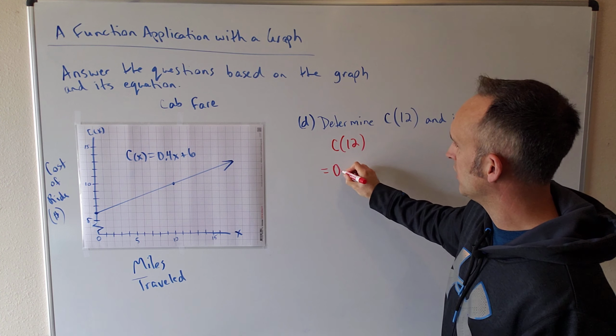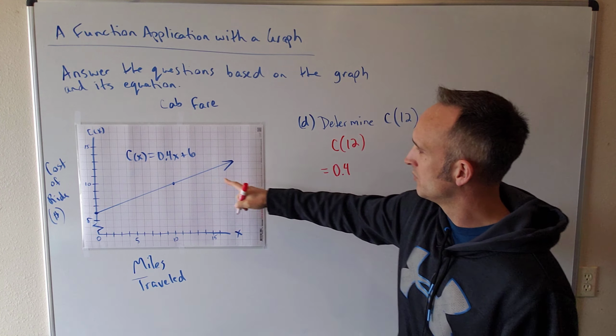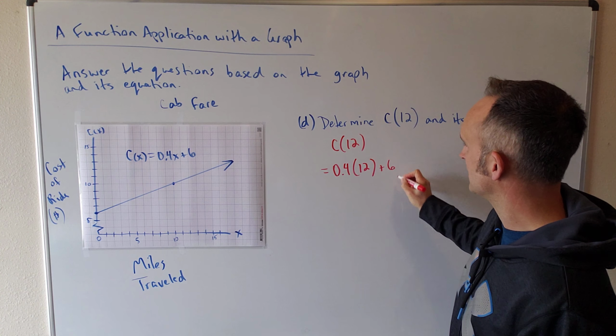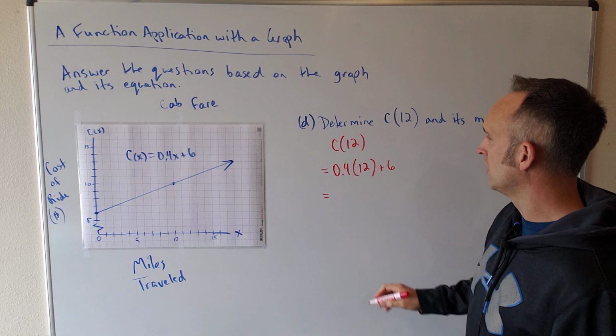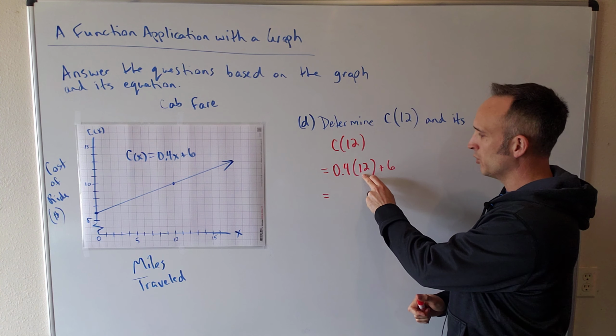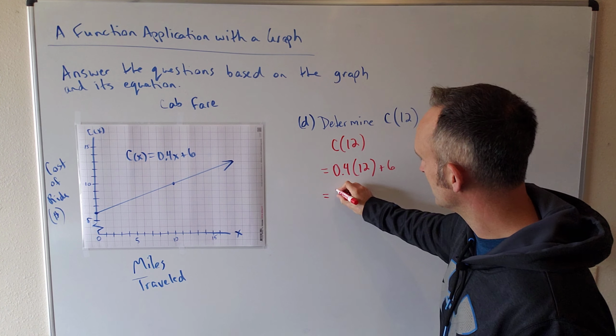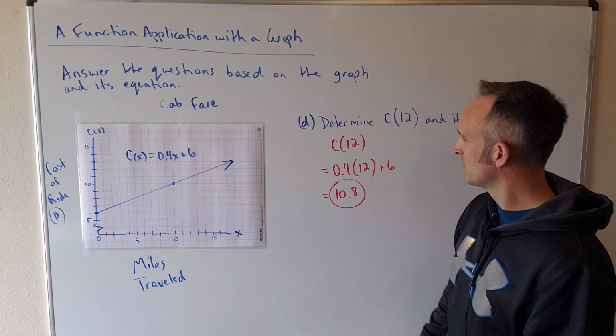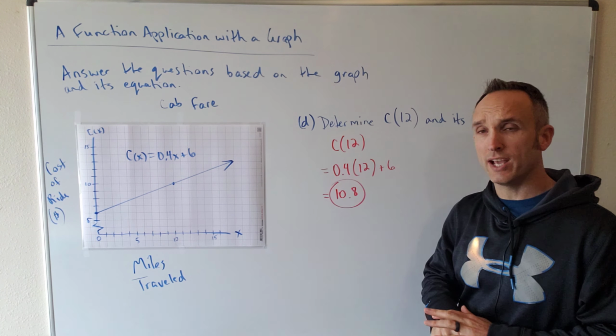So C of 12 will be 0.4 times, well, just replace x with 12, plus 6. Well, 0.4 times 12 is 4.8, and 4.8 plus 6 is 10.8, okay? So that's the first part of the question. C of 12 equals 10.8.